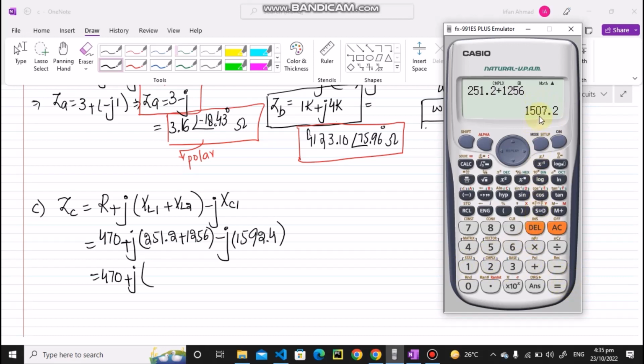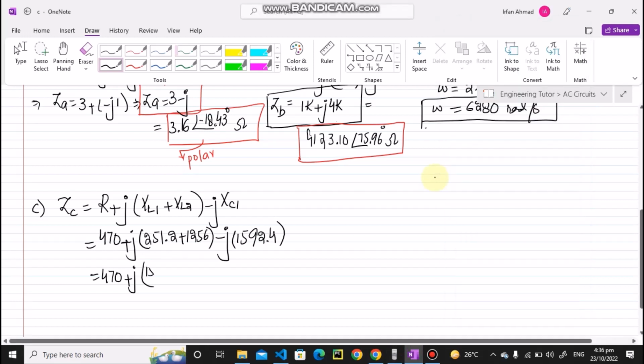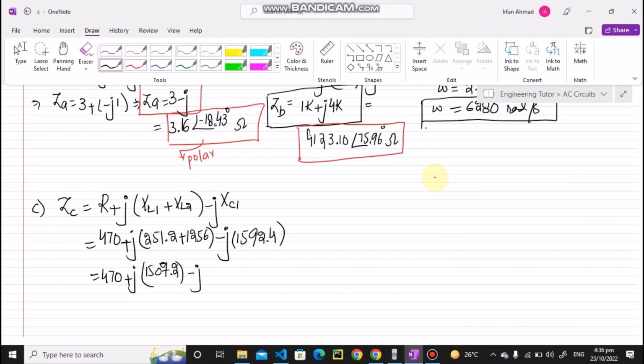It would be 1507.2, and subtracting from it 1592.4.